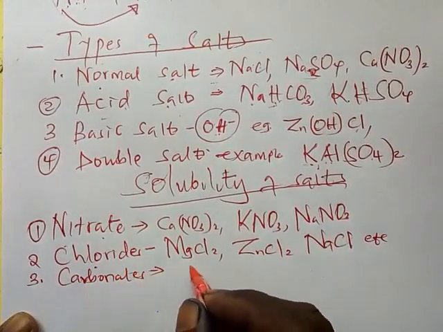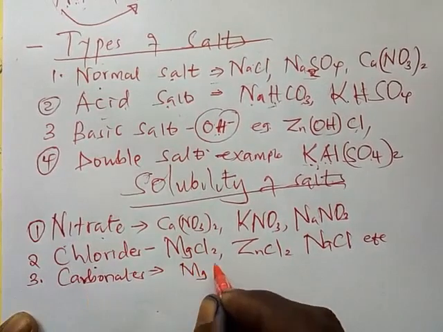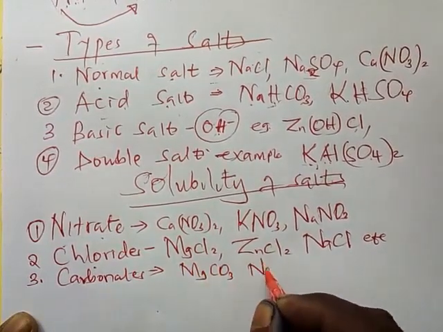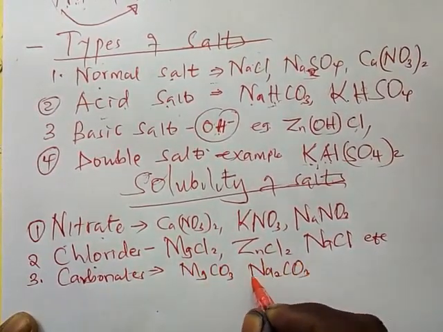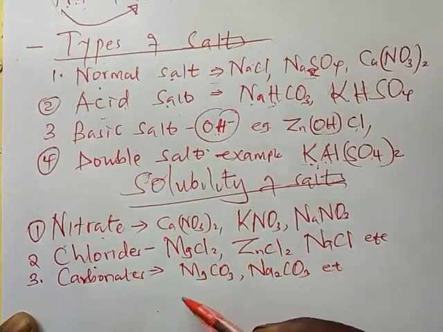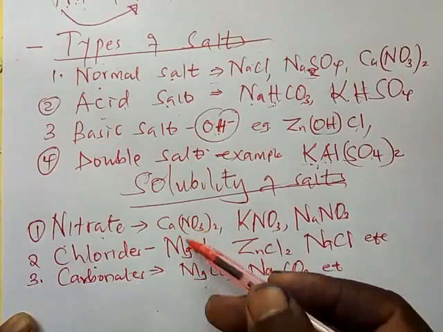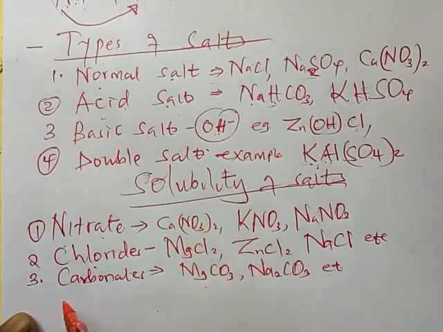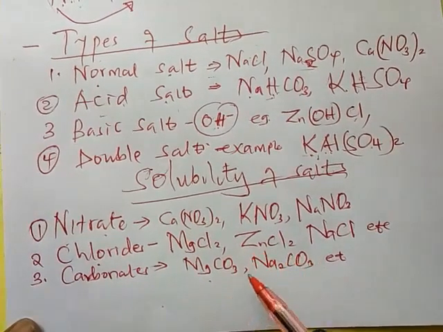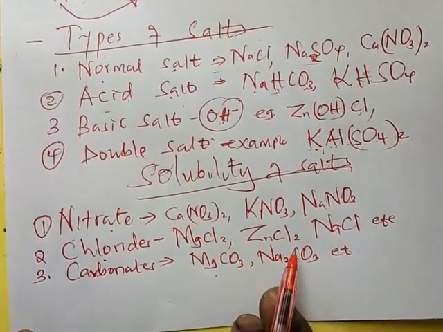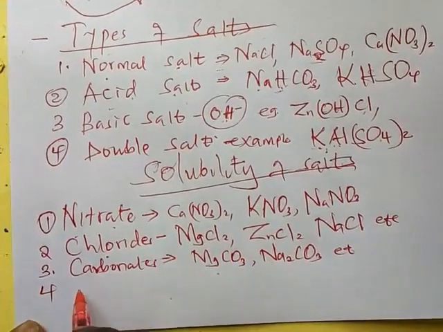We have magnesium carbonate, sodium carbonate, etc. Every metal has each of the salts I'm talking about, except some metals which do not have some salts, but it is very few of them. Number 4, last, is the sulfates.